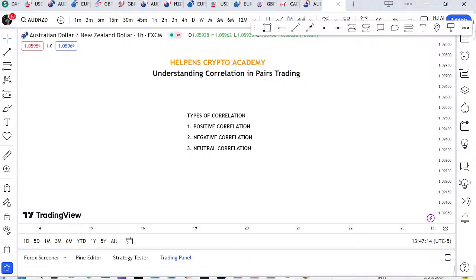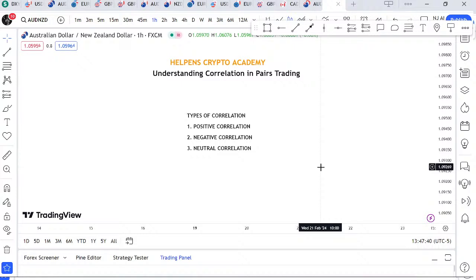So today, quickly, I will be talking about negative correlation. When is a pair said to be negatively correlated? Negative correlation is basically the opposite of positive, in the sense that forex pairs move in different directions.